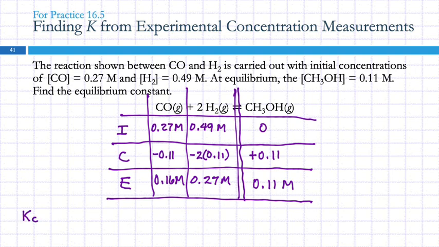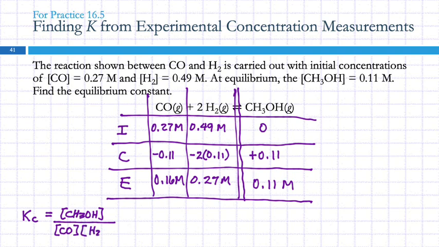We write the equilibrium constant expression for the chemical equation. And you should always write this out. Don't just stick numbers in, but put the chemical symbols in there. So CH3OH, coefficient of 1, so exponent of 1. Down here we've got the concentration of CO, again coefficient of 1.